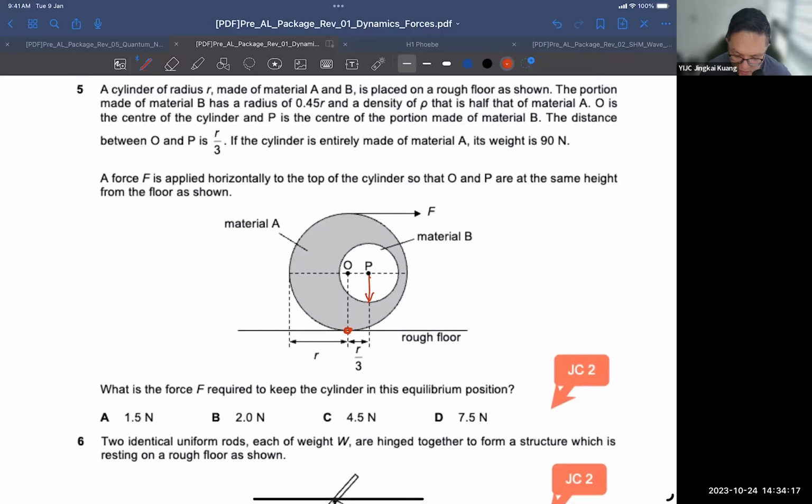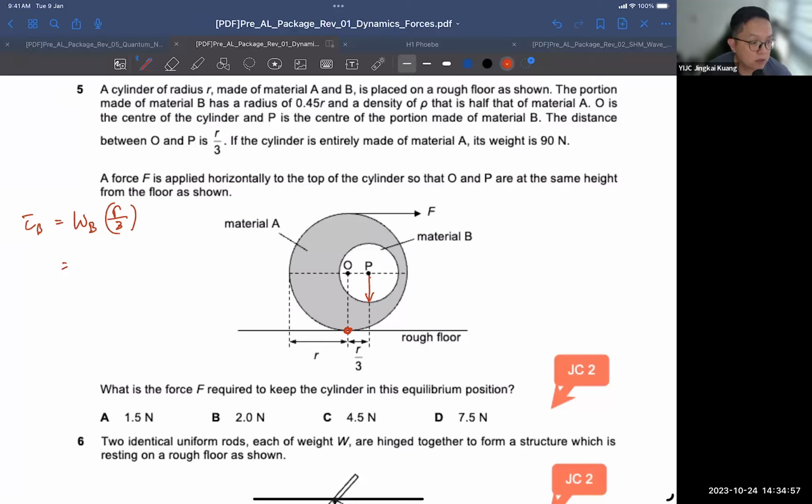So I find the weight of material B. The moment due to B is equal to the weight of B multiplied by R over 3. The weight of B is just treated like a cylinder of radius 0.45 R made of material B. There's a depth term D, which is not important.